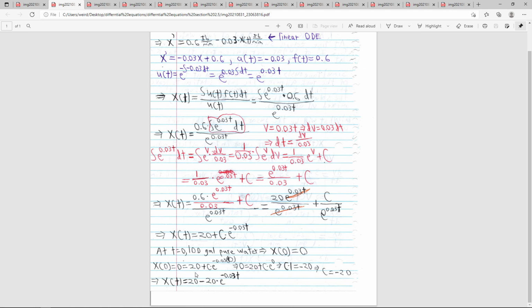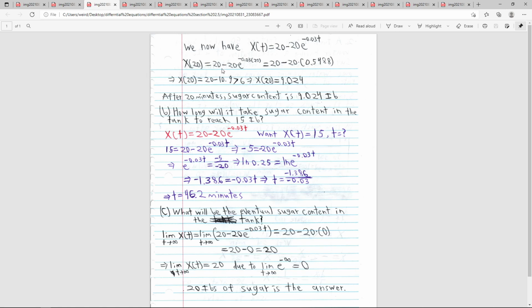And that means 20 plus c times e to the 0 power is equal to 0, so it's c times 1, essentially. So c plus 20 equals 0, so c equals negative 20. Going from there, we plug it in, and x of t equals 20 minus 20 times e to the negative 0.03t.